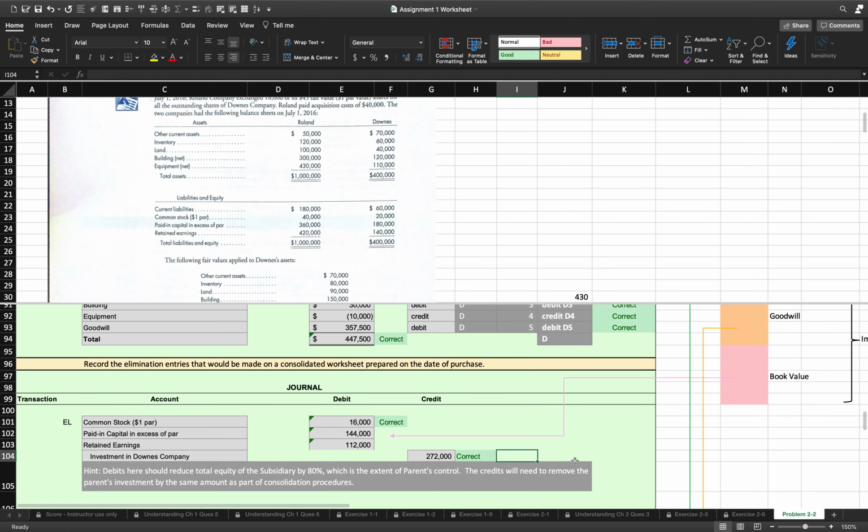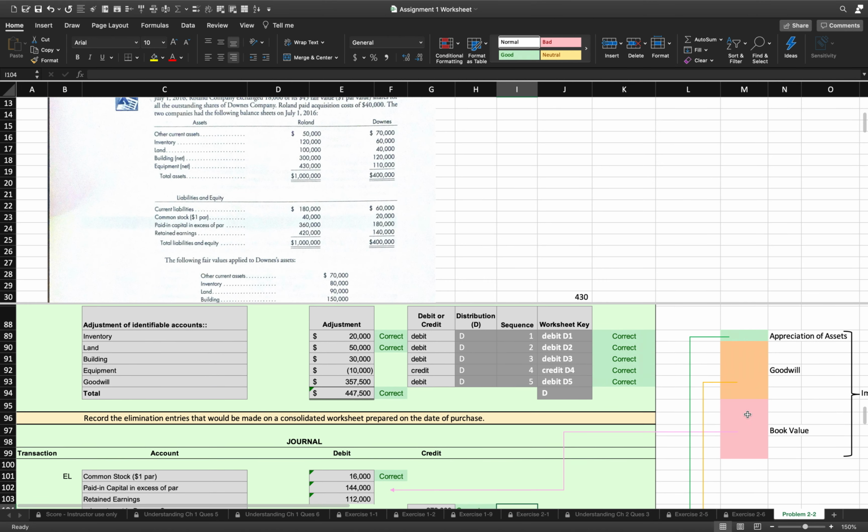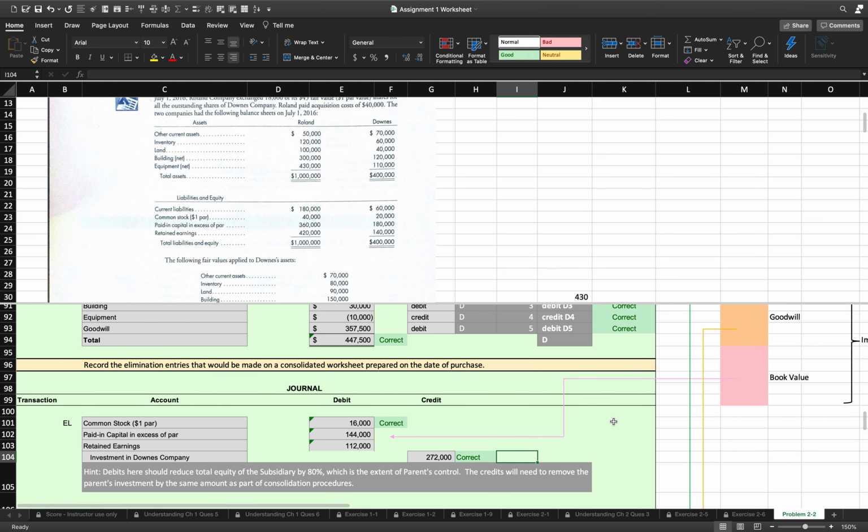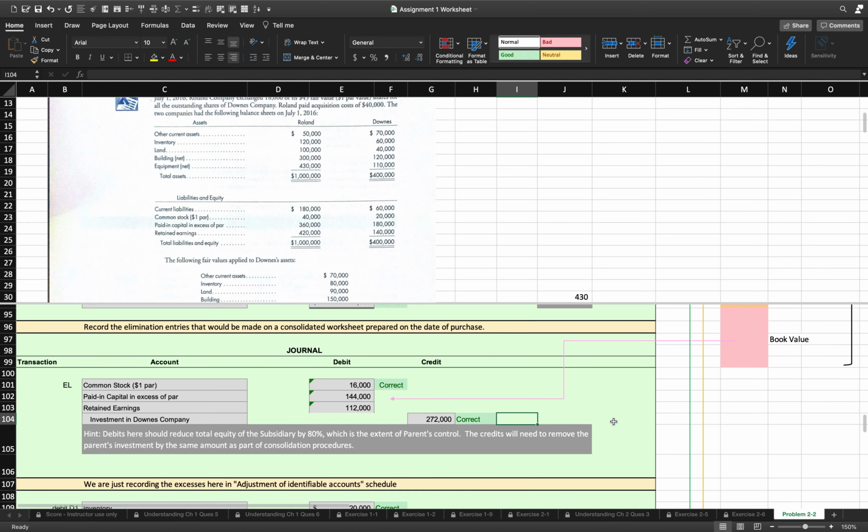But for now, we do need to eliminate all of this up to 80%, and we just did that pink part right now. Let's move on to the remainder. All right, so that's elimination entry 1, where debits here should reduce total equity of the subsidiary by 80%, which is the extent of the parent's control. The credit will need to remove the parent's investment by the same amount as part of the consolidation process I just explained.